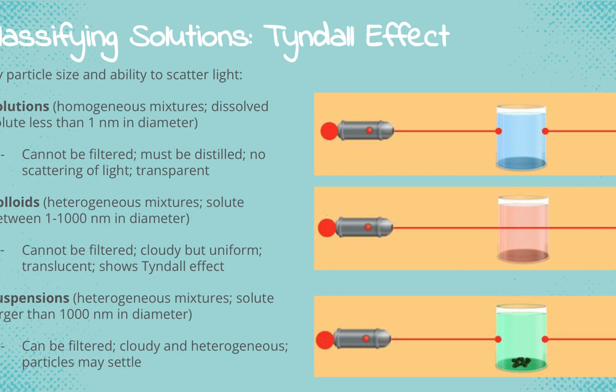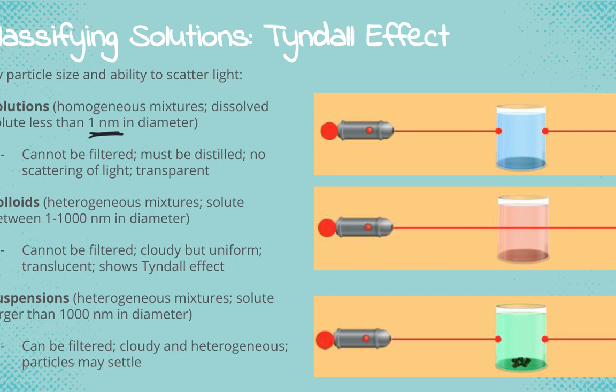In our first example, in a solution or homogeneous mixture, the solute, which is the particle that is being dissolved, is smaller than 1 nanometer in diameter. Remember, uniform composition, you cannot see those particles, and they're evenly distributed.